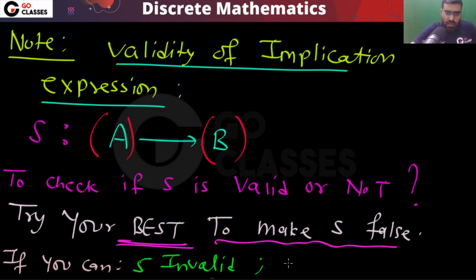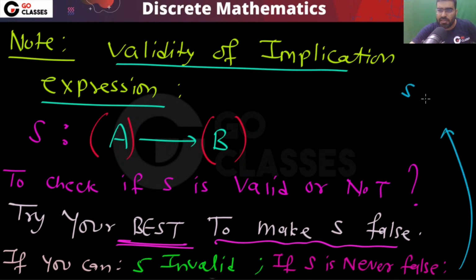And if you can't, if you can prove that S is never false, then in this situation you will say S is valid.